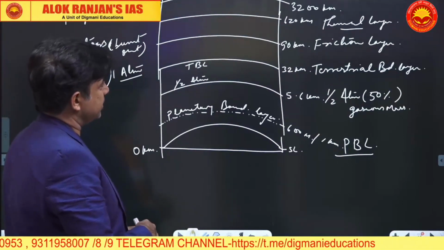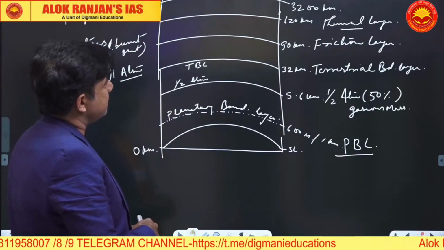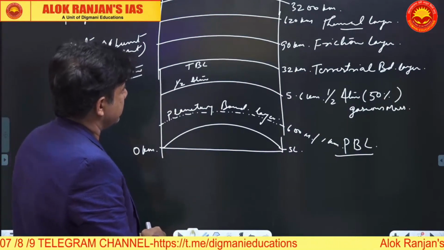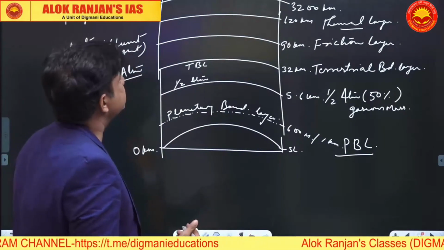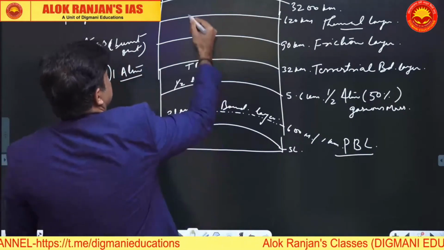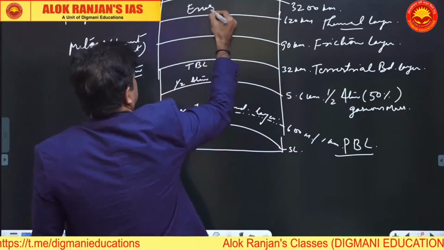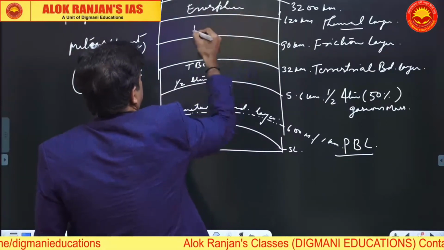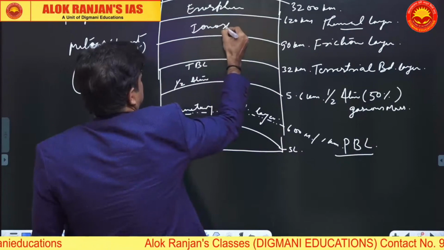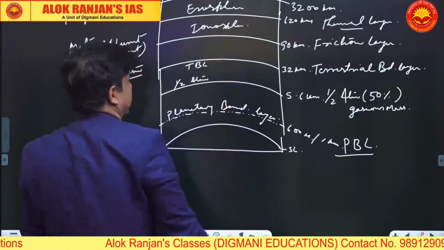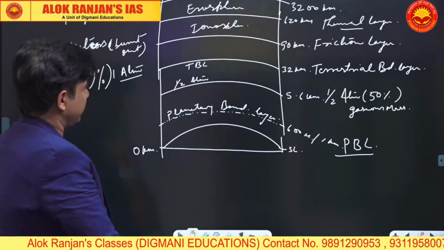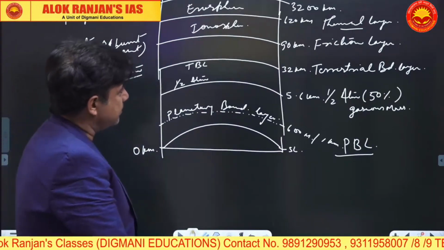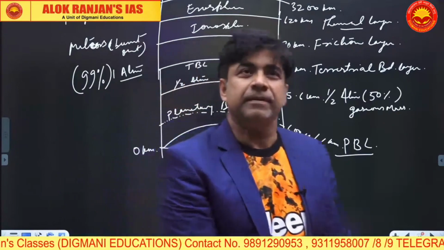Gases are ionized here. Between 90 to 620, the gases are ionized. This is called exosphere also. This is called ionosphere, something like that. Exosphere, ionosphere. Have you made it?